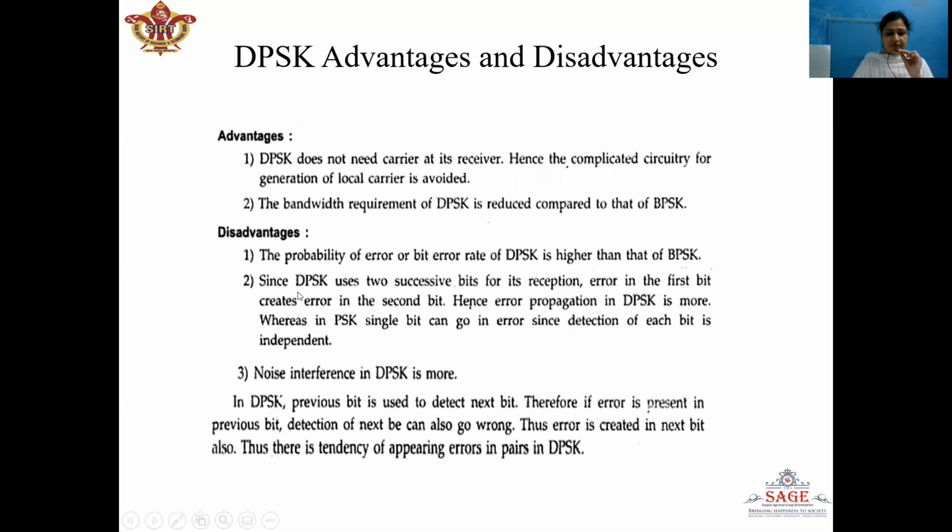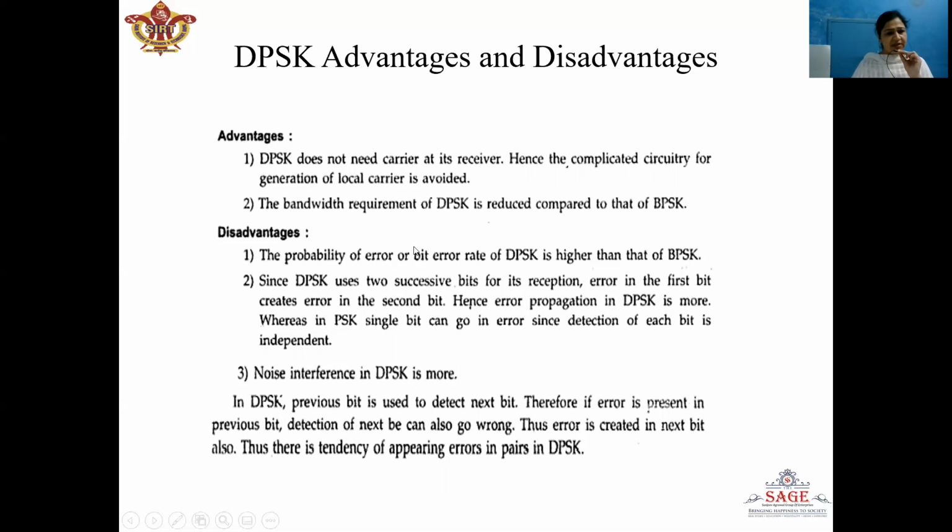Now coming to the advantages and the disadvantages of the DPSK signal. First, we will take the advantages. As seen in the generation and the detection of the DPSK signal, DPSK does not need a carrier at its receiver. Hence, the complicated circuitry for generation of a local carrier is avoided.